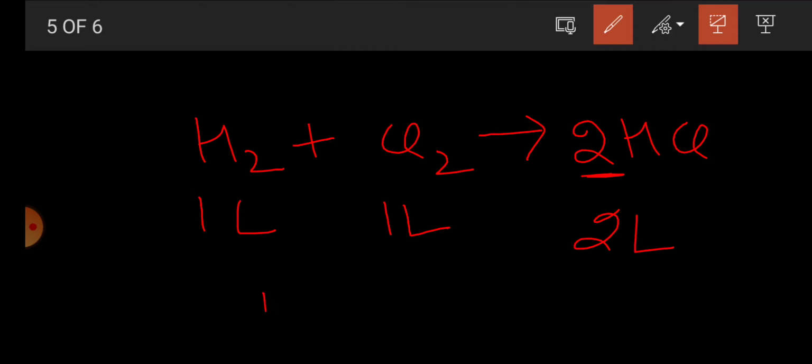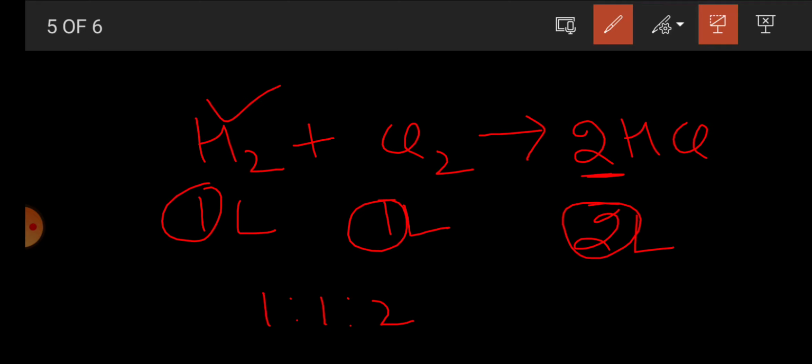So what is the ratio? 1:1:2. So this is Gay-Lussac's law. It says that if two elements are combining, they combine to give a whole number ratio. So these are whole numbers, not any fractional value, not a decimal value.